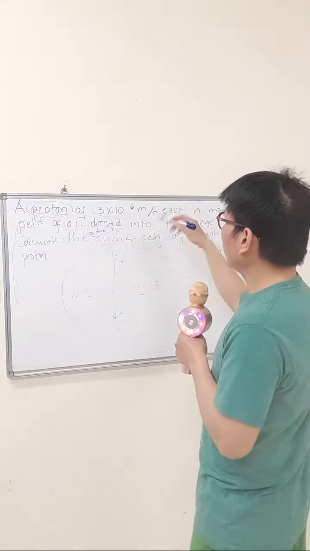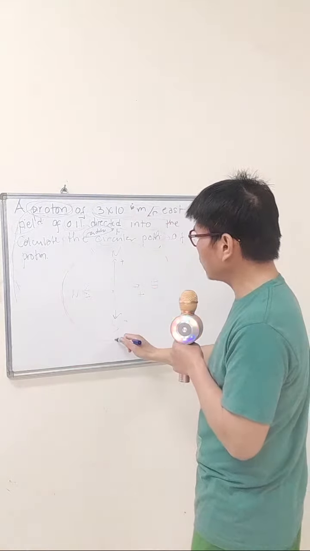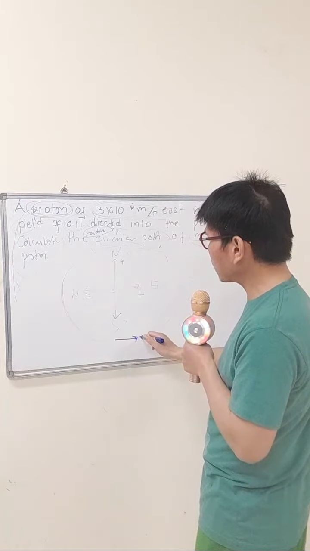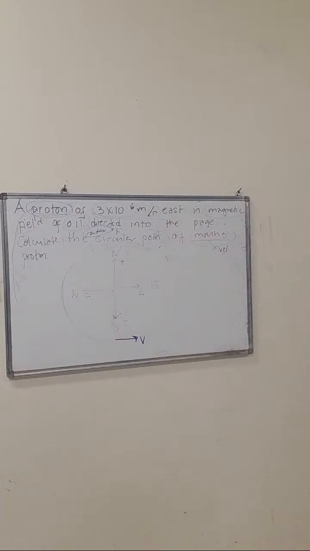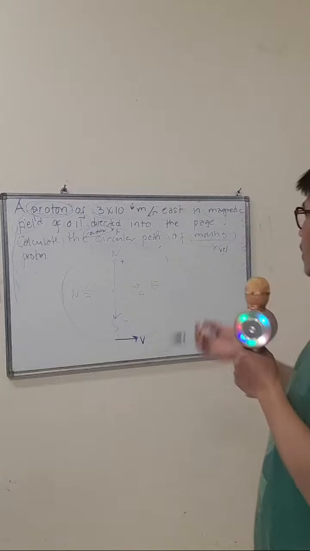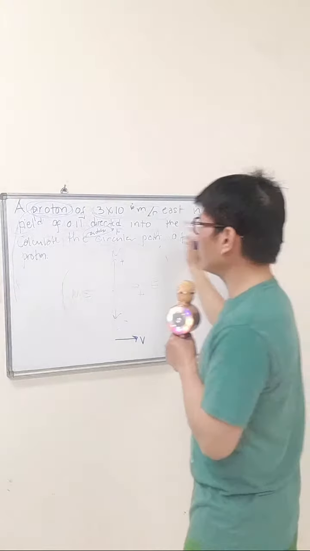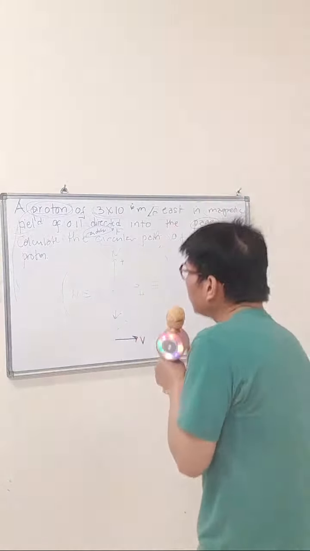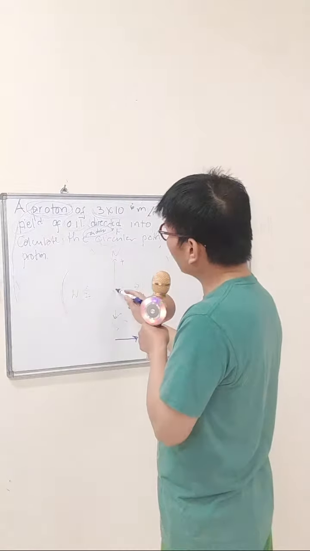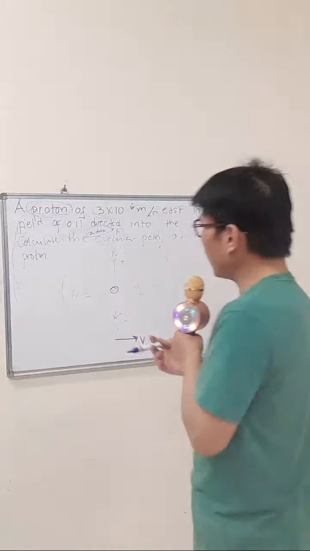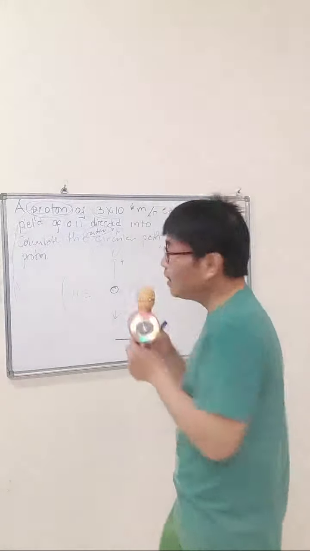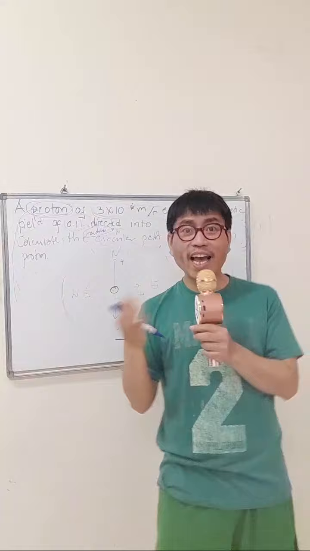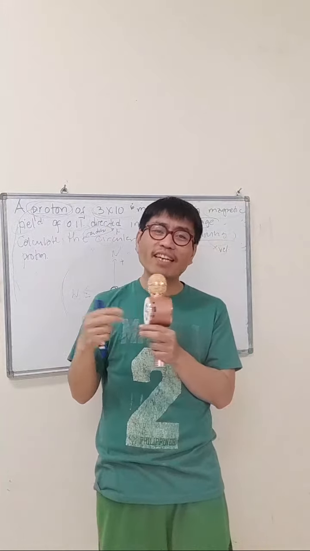Now, velocity in the east, it's gonna be like that. And then your magnetic force will be directed upward, because it said into the page. Meaning it's gonna be there in the center. Your center is not away, but into. So again, prepositions in English are very important.